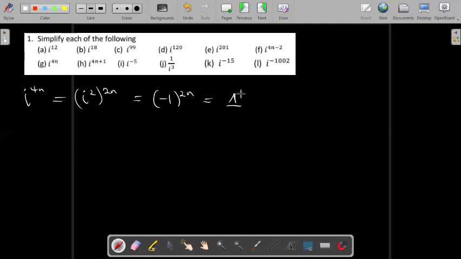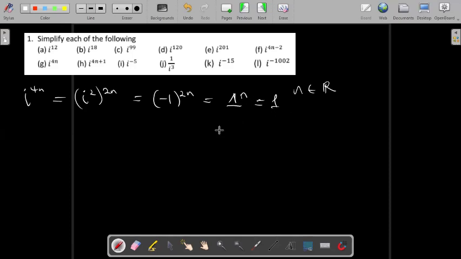So you get positive 1 to the power n like that. And 1 to the power n, any value I'm going to place here, n is valid for all real numbers. And you see that this here is just going to simplify to 1.